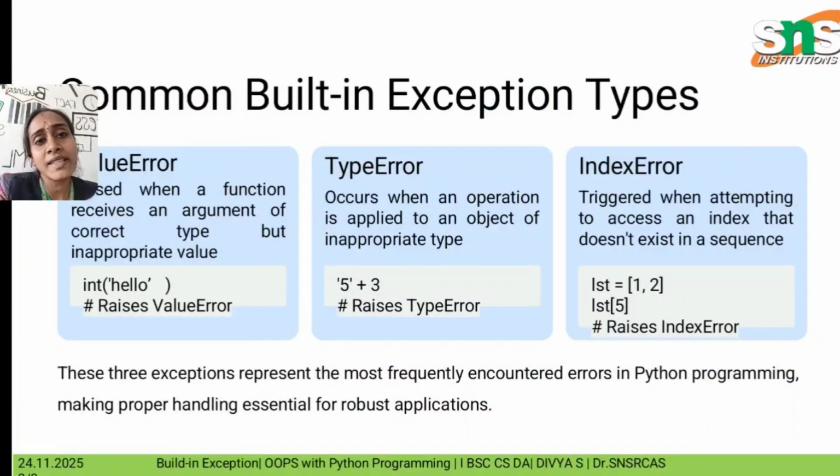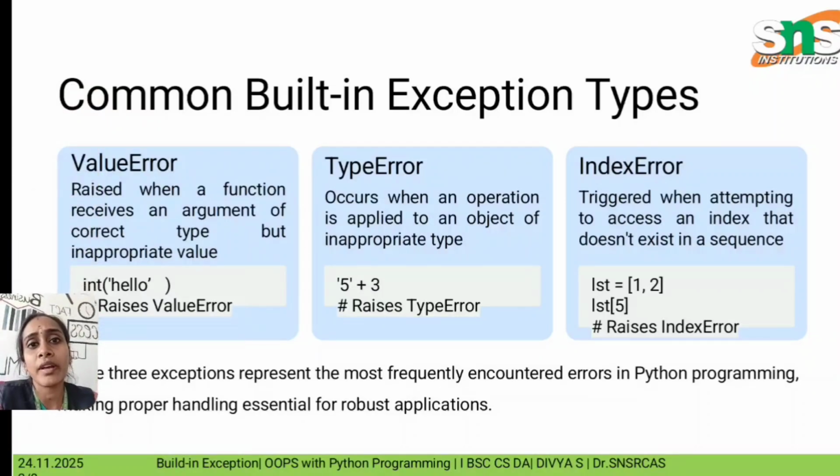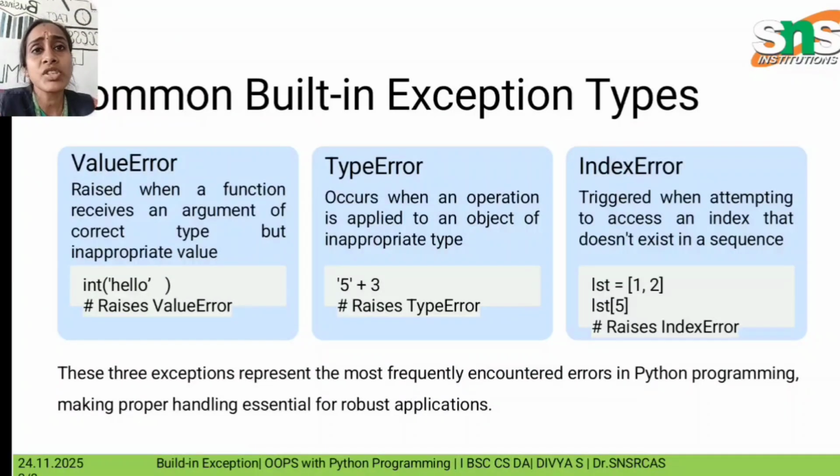The common built-in exception types are, first, ValueError, then TypeError and IndexError. ValueError is raised when a function receives an argument of the correct type but an inappropriate value. That is, if I call a function with an argument of the correct type but the value is wrong, it raises a ValueError. TypeError occurs when an operation is applied to an object of inappropriate type.